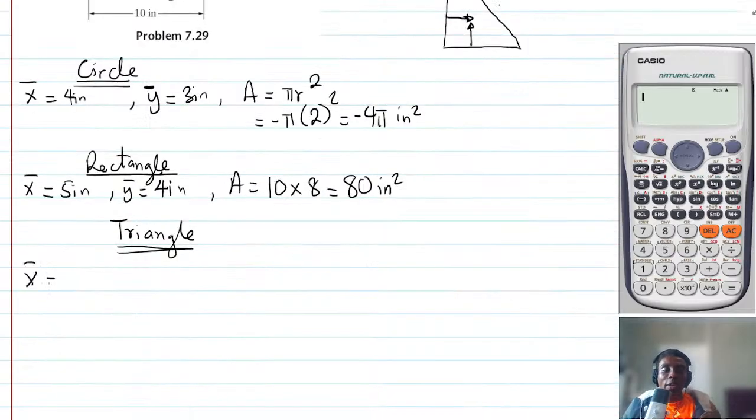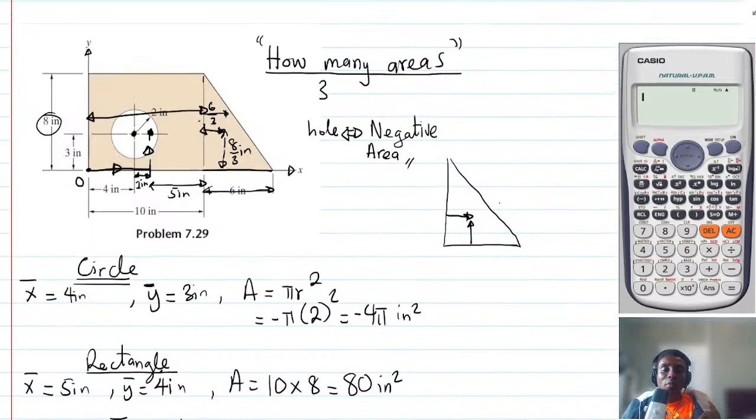So the x component is 12, and the y component is what? It basically means that to get to the center of this triangle, you need to walk all the way here along the x, then you come here along the y, and that's pretty simple. So 8/3.